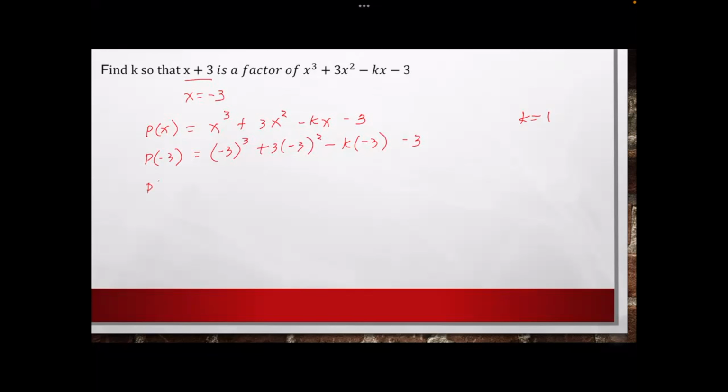So, magkakaroon tayo ng p of negative 3 is equal to, this is negative 27. So, plus 9 plus, again, negative 3 cubed is negative 27, tapos 3 times negative 3 squared is positive 9, tapos negative k and negative 3 is positive 3k minus 3.